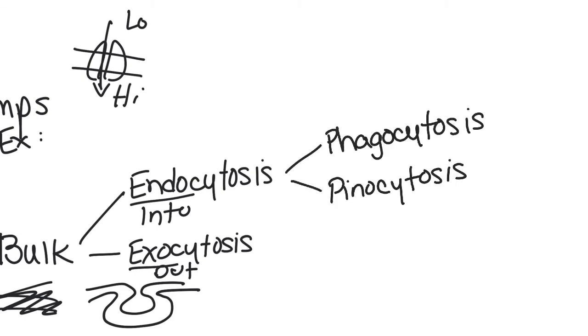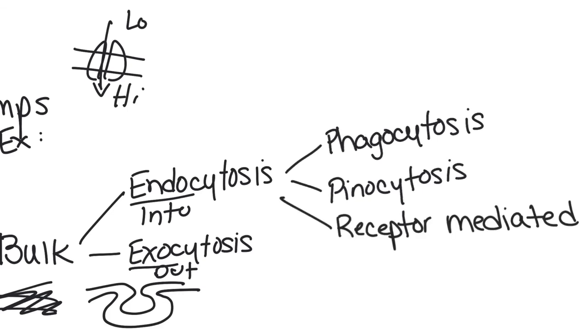Okay, phagocytosis, you should be thinking about cell eating. In other words, we're taking big chunks, for example, bacteria. And pinocytosis is cell drinking, so we're taking materials that are in solute. And bonus points for you if you got that last one. Can you think about it? Yeah, I never explicitly said it, but that is receptor-mediated endocytosis.